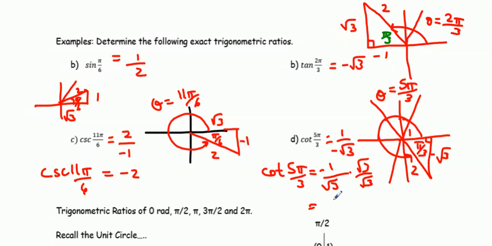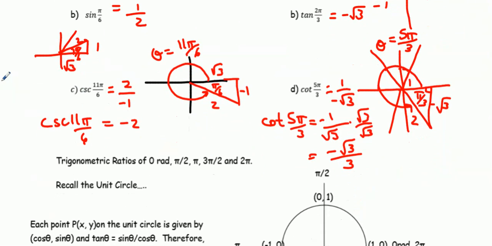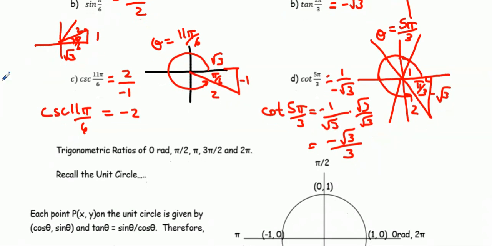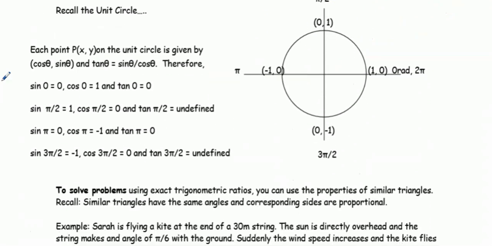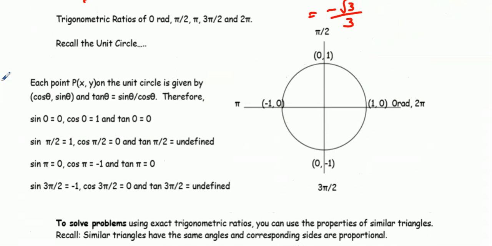So this is going to be negative root 3 in the top when I multiply the tops by the tops, and the bottom would become 3. So the cotan of 5 pi by 3 is negative root 3 over 3. Does it make sense that cotan and tan are negative in the 4th quadrant? Yes, it does.